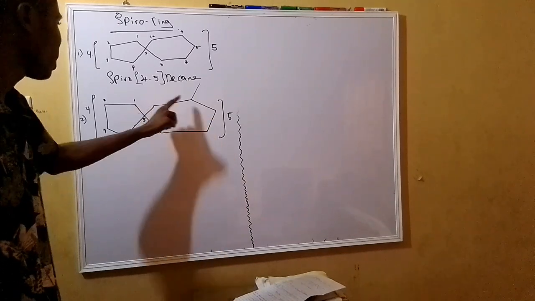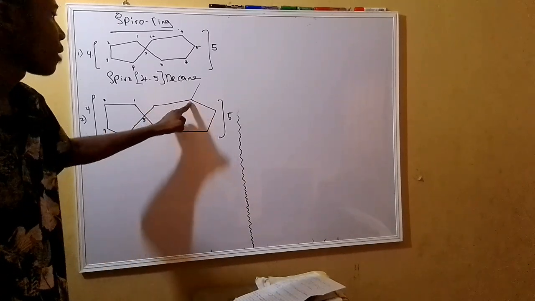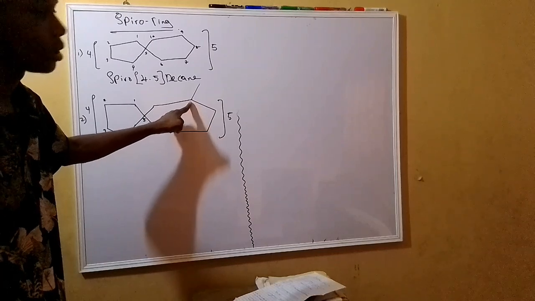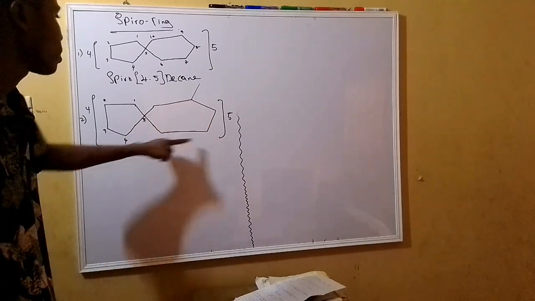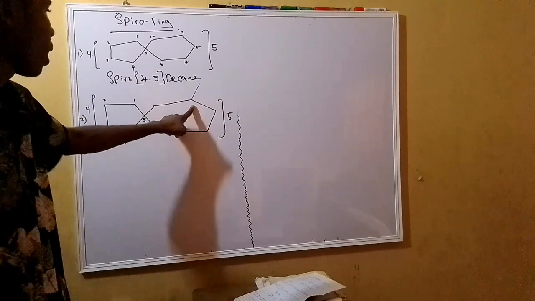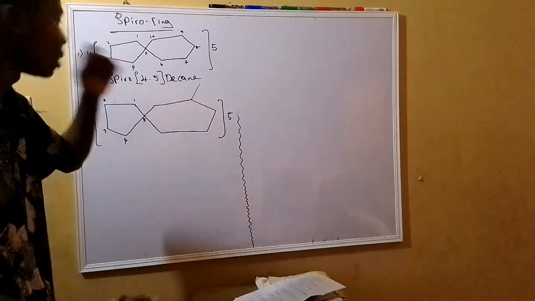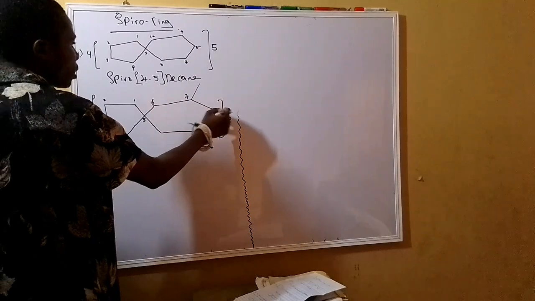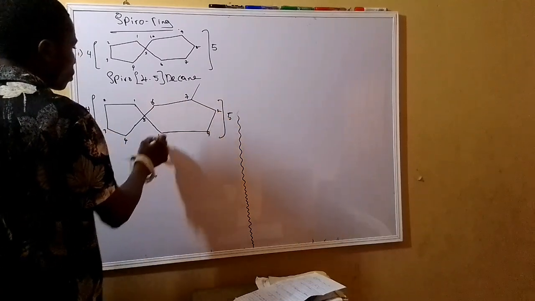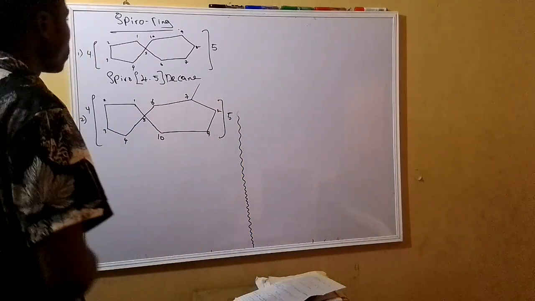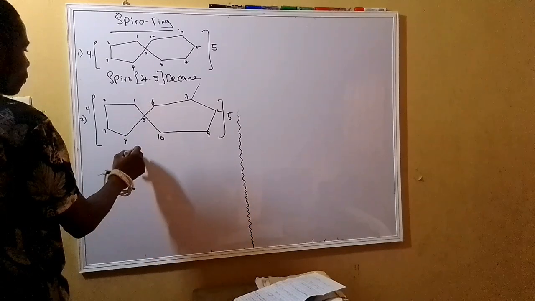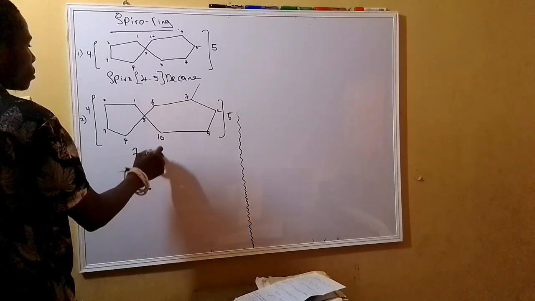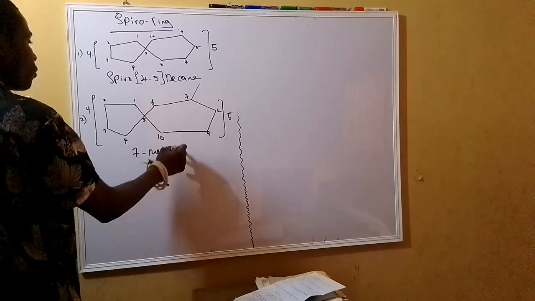If I count like this, I have 6, 7. I'll meet the substituent at 7. If I count like this, 6, 7, 8, 9, I meet the substituent at 9. That is way too big. So I'm counting from here: 6, 7, 8, 9, and 10. So when you want to name this, the methyl group, you have 7 methyl.